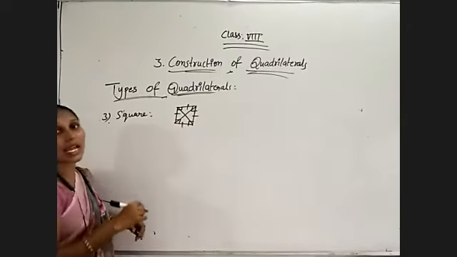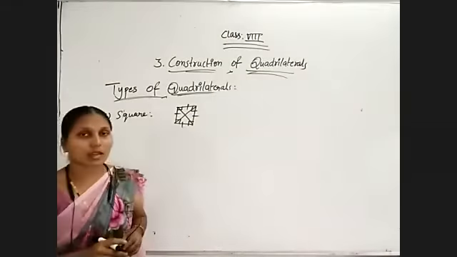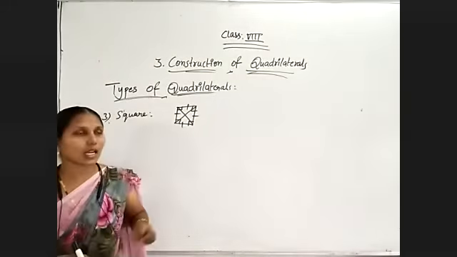Everything is equal. I told you, a polygon with all equal sides and all equal angles is known as a regular polygon. So it is a regular polygon of four sides. A four-sided regular polygon is a square, and its definition is given in terms of a rectangle or a parallelogram.